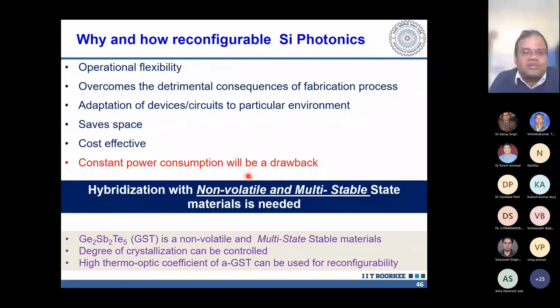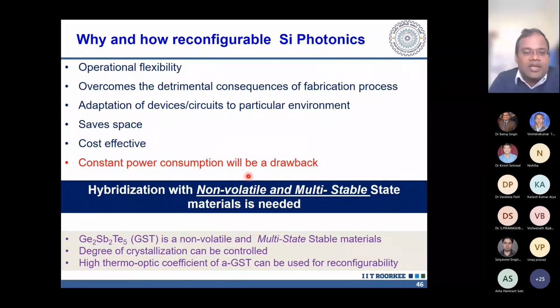Okay, because if you have reconfigurable devices, many functionalities, or you can operate it at many wavelengths. Okay, so that means if you want to operate at 10 wavelengths without reconfigurability, you need to have 10 devices. With reconfigurability, just one device can do. So it will save space, it will give you the cost effectiveness also.